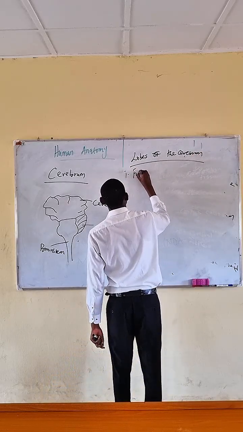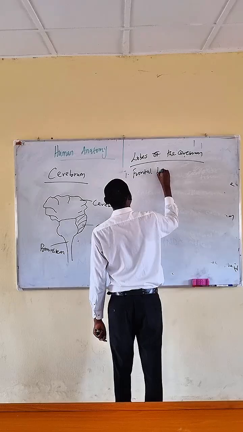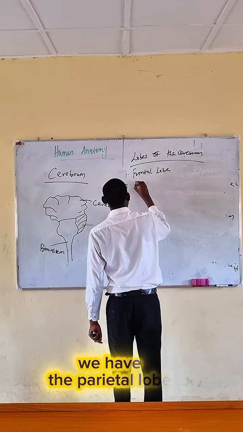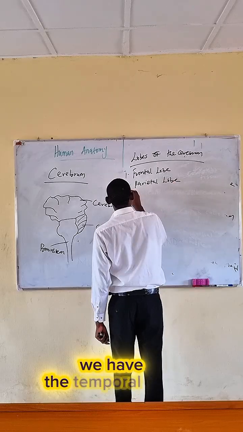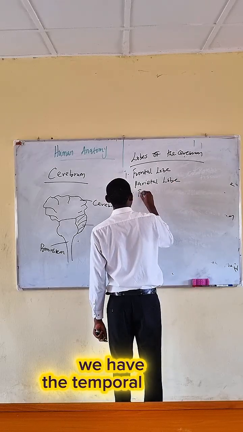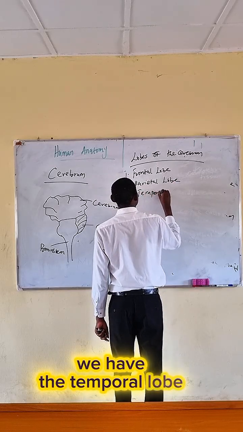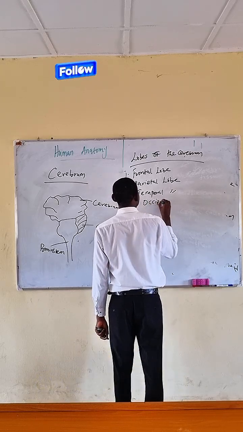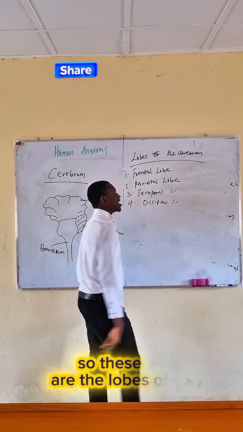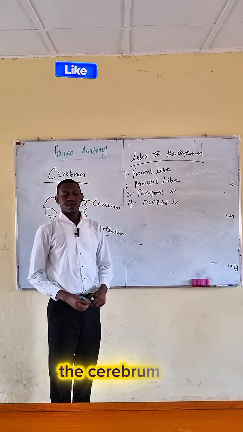One, we have the frontal lobe. We have the parietal lobe. We have the temporal lobe, and we also have the occipital lobe. So these are the lobes of the cerebrum.